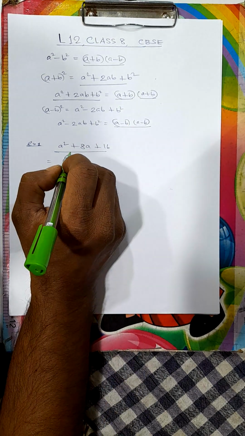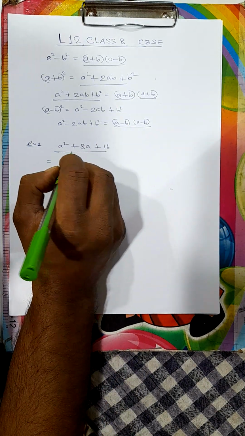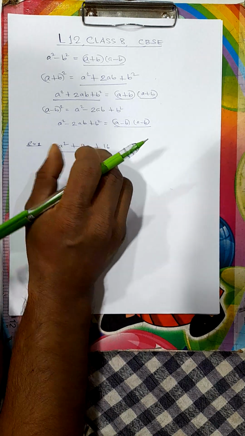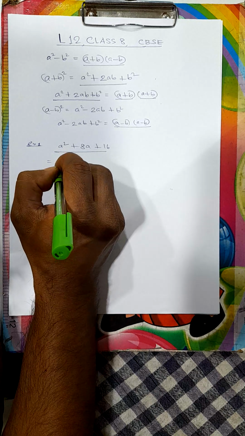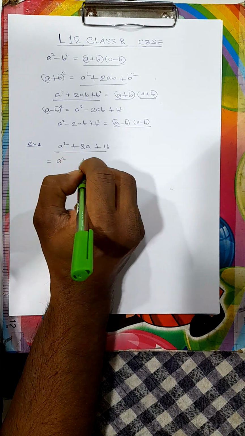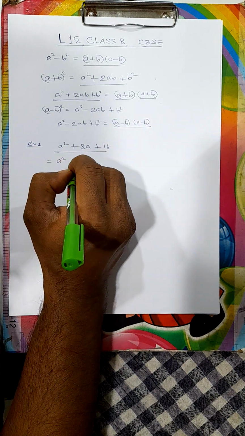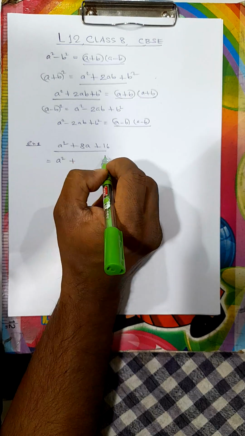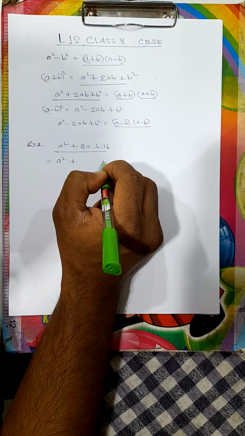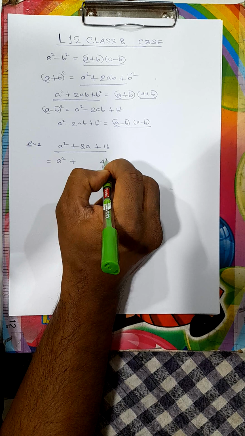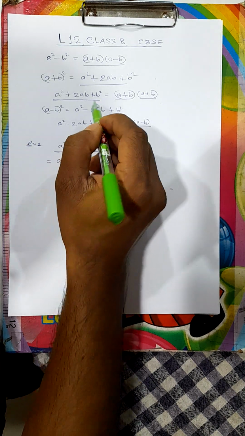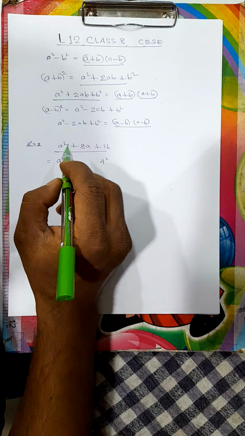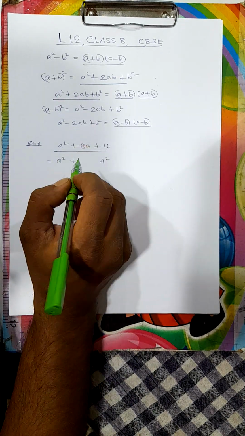Now let us consider this algebraic expression. Can we make it a perfect square in this format? The first term is a square, a perfect square. Let's see the third term: 16 is a perfect square, you can write it as 4 square. Now the middle term should be twice the first term into the second term.